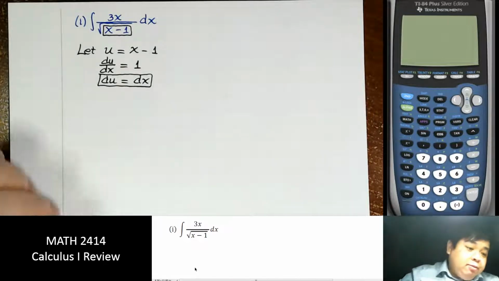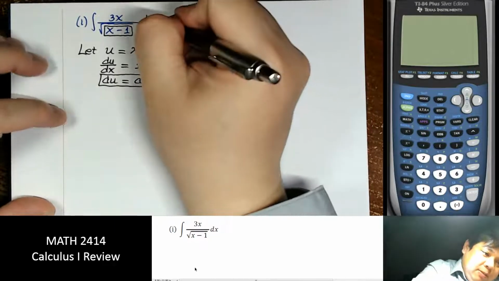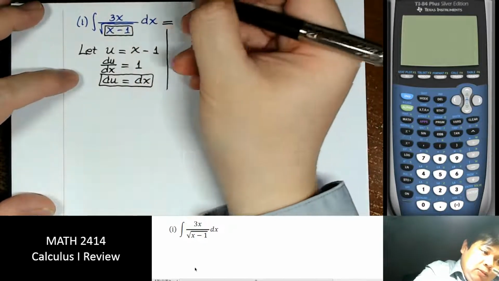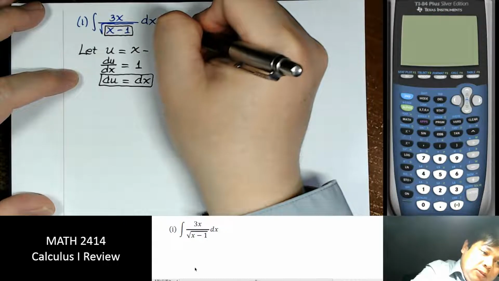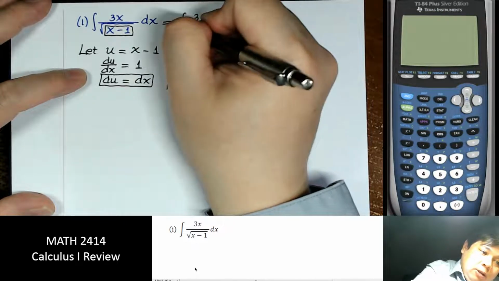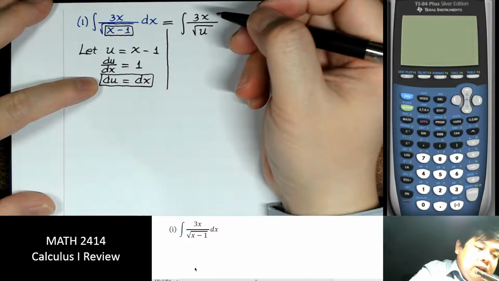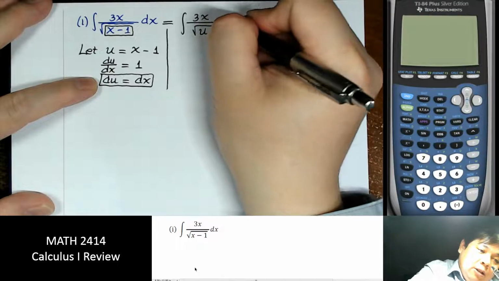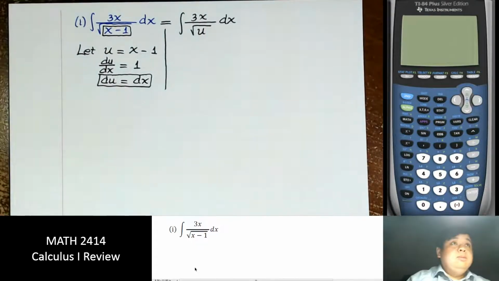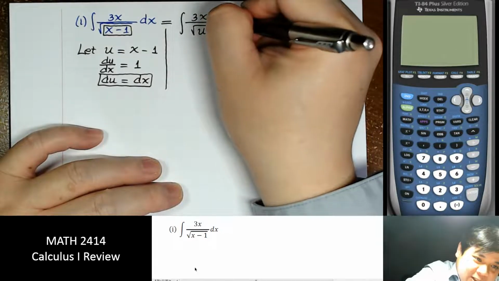Right, that's good. We have u and we have dx. And du is dx. So dx is du. Sorry.